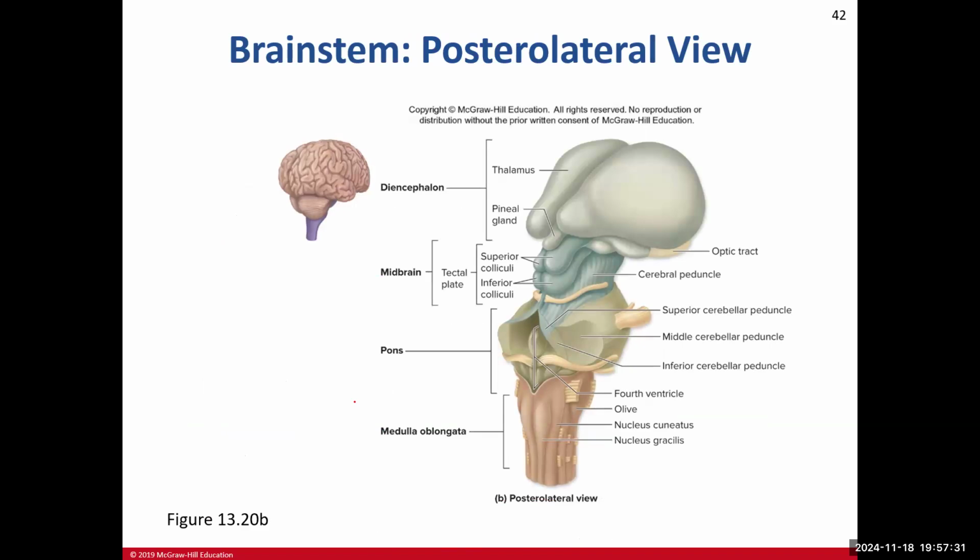The top 2, the superior colliculi, have to do with visual reflexes. If you're watching a tennis match, for example, and the ball's getting volleyed back and forth, your eyes just follow the ball back and forth. That information goes through the superior colliculi. It keeps your eyes moving together, not one going one way and the other going the other way.